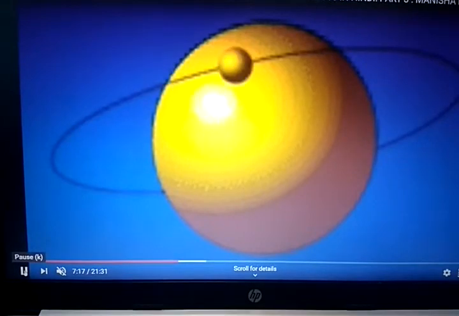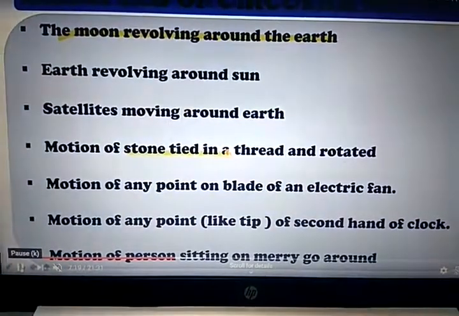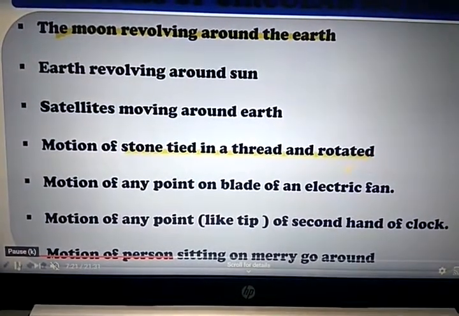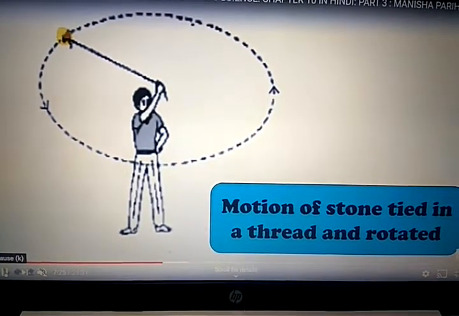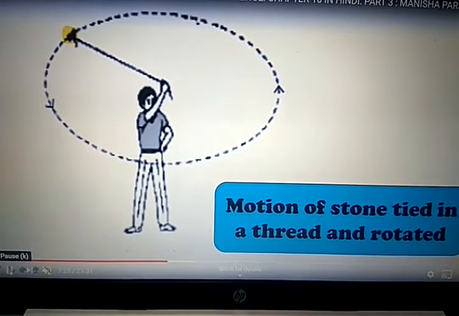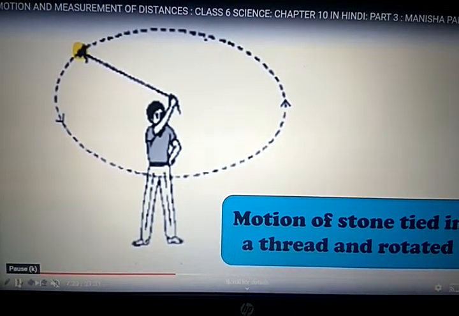Satellites moving around the earth, circular motion. Motion of a stone tied in a thread and rotated, circular motion.